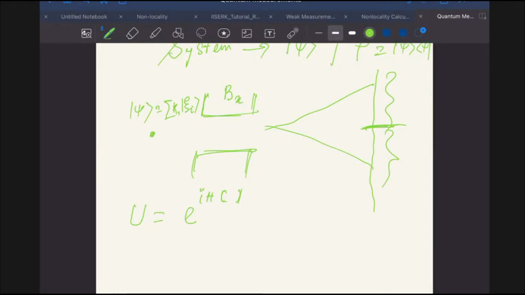One component is its spin component, psi. Let me write psi better. Okay, my pen is not working.